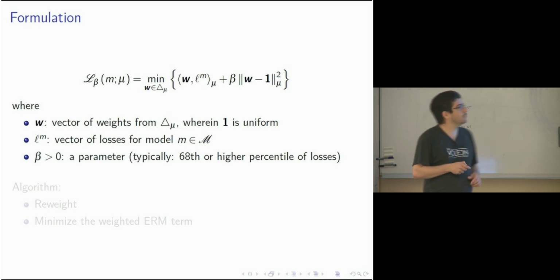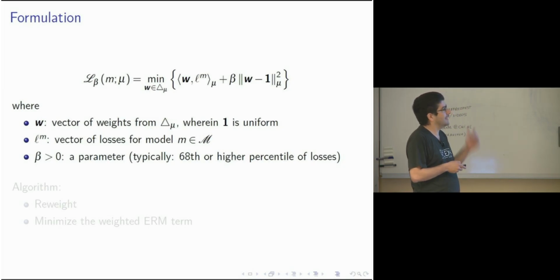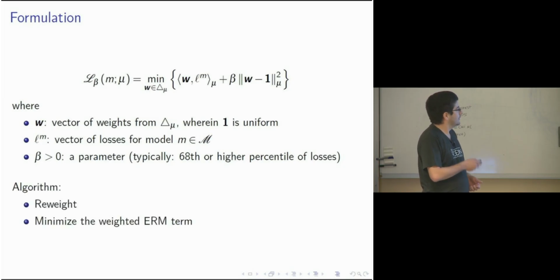So when W is say 1, this is just standard ERM, but we allow it to, for example, give 0 weight to some of the examples. And then an algorithm for minimizing this, which is pretty natural, is to just set the weights to minimize this term and then minimize the weighted ERM term that we have here.